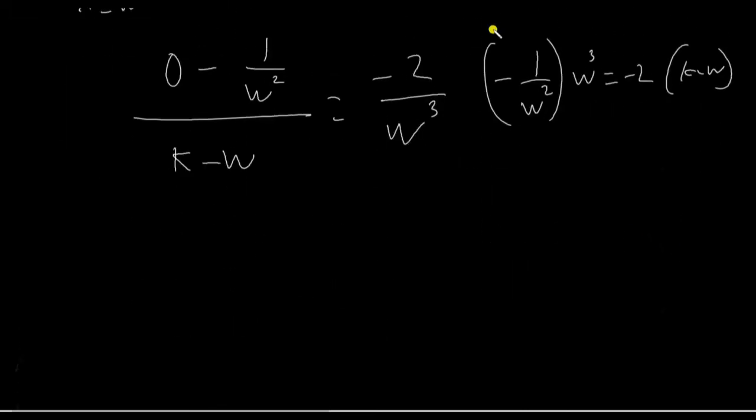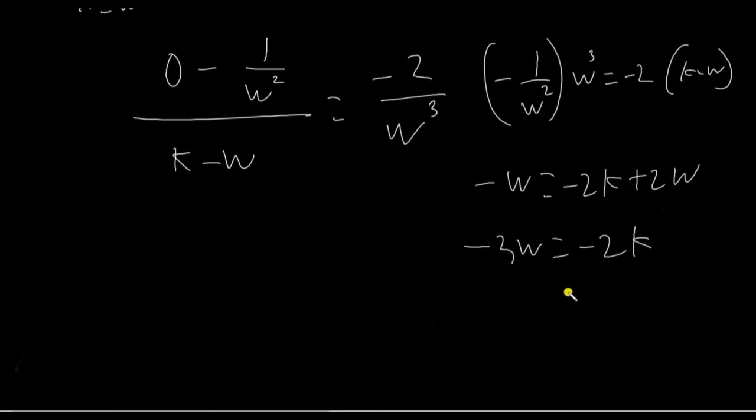And then this is going to become negative w is equal to negative 2k plus 2w. We distributed the negative 2 over, and then we can bring this w over to this side, and we'll get negative 3w is equal to negative 2k.